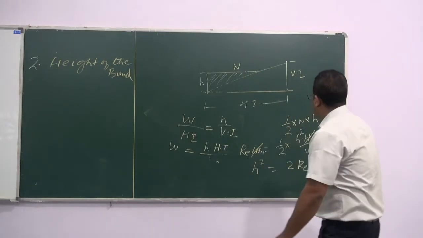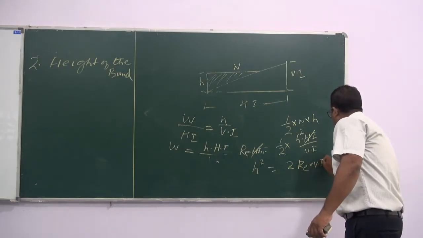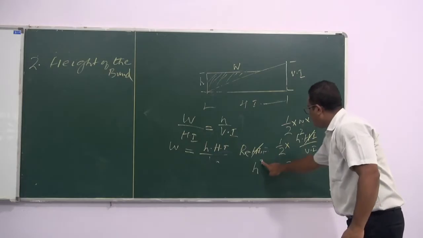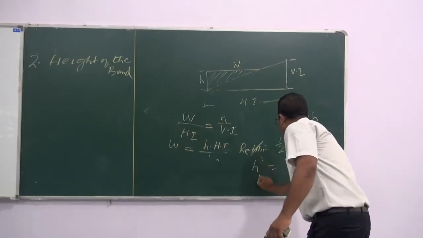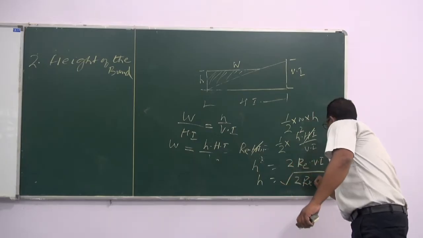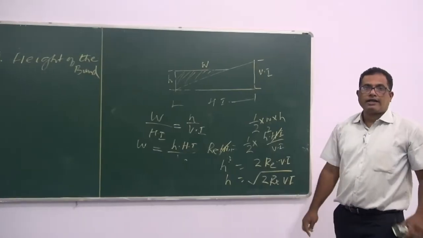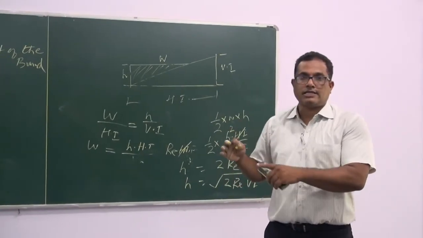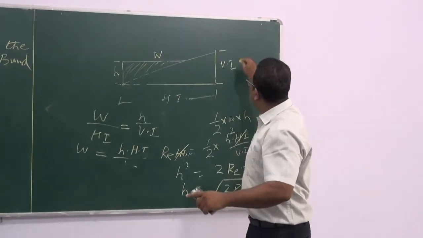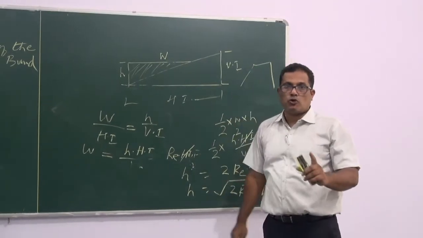So H square will be 2 RE into VI, and H will be under root 2 RE VI. What is this RE? RE is the rainfall excess which this bund is supposed to store.